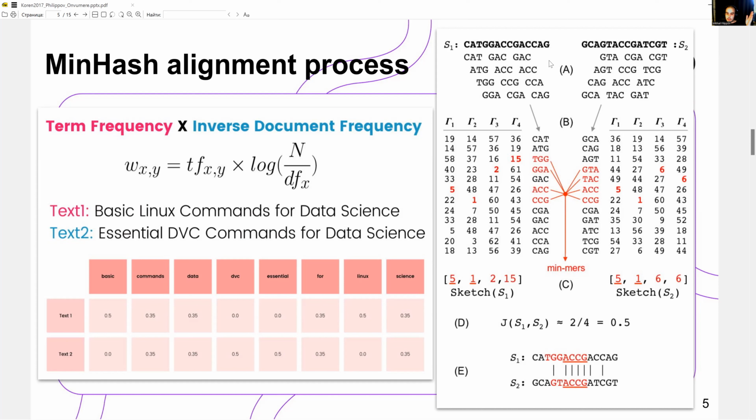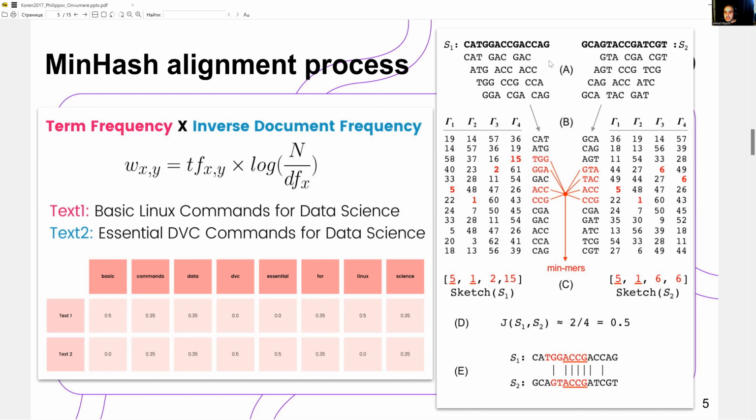Then we take the subset of k-mers with minimal hash value for each hash function, and that will be the subset of min-mers, called the sketch of the read. By comparing the sketches of 2 reads, you can approximately estimate if there is an overlap between them and how big it is.